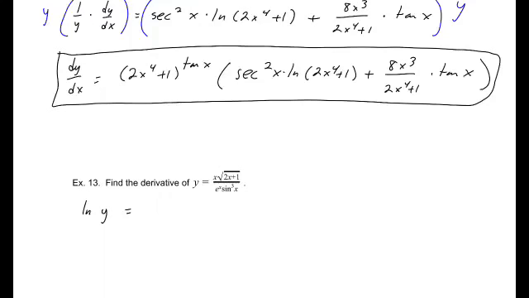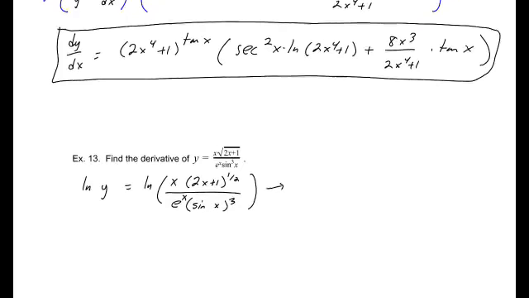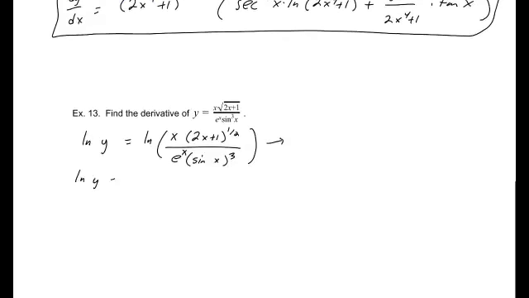So this becomes natural log of x, and I'm going to go ahead and write the radical as an exponent, over e to the x sine cubed x. So this is going to be natural log of y, and let's bring this down. I'm not taking my derivative yet. Keep that in mind.